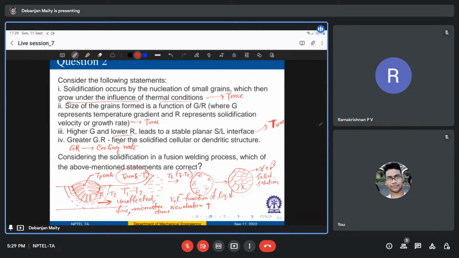Obviously, when the cooling rate is high, you will come up with a fine microstructure, and when the cooling rate is low, you will end up with a coarse microstructure. These are a few of the thumb rules of welding microstructure physics.